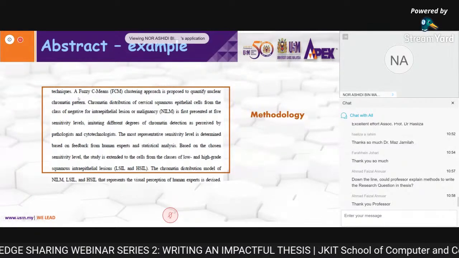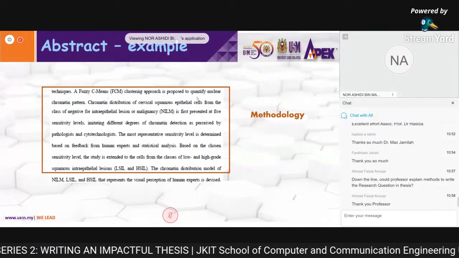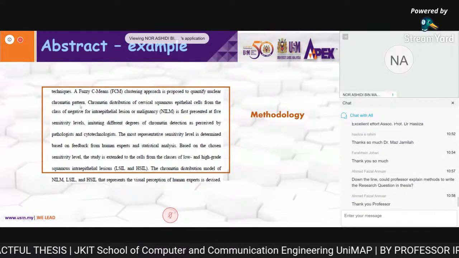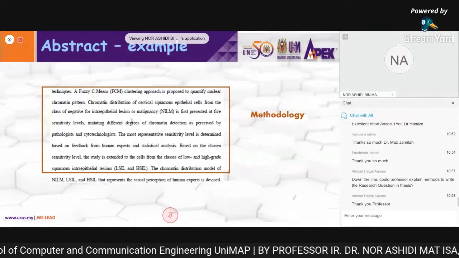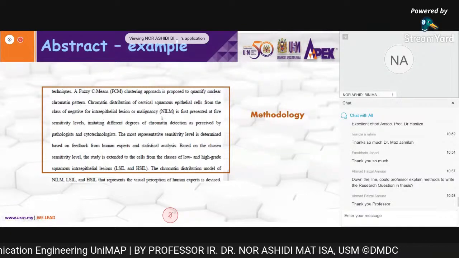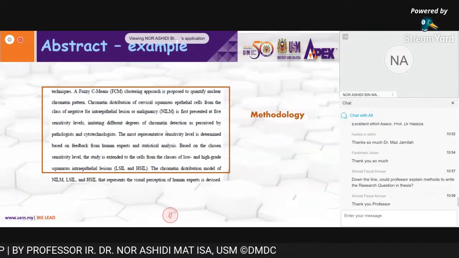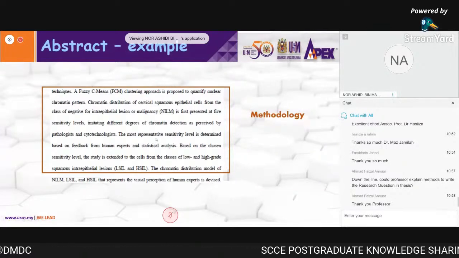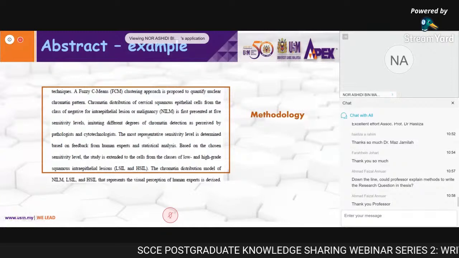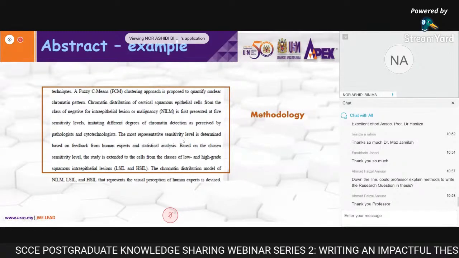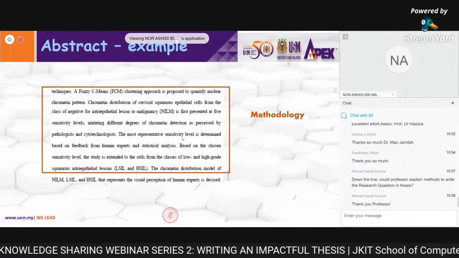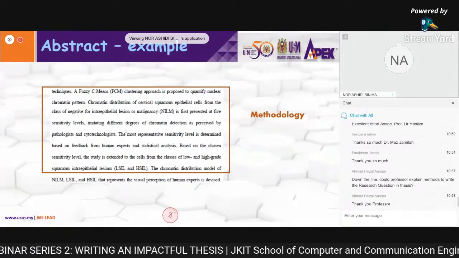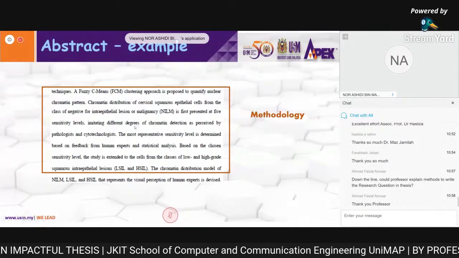Okay, so we will use a fuzzy CMIT to quantify the nuclear chromatin pattern. Okay, then how to do it? We start with the NILM. Then we try to show the representative. This is the technique you use. We try to use a sensitivity level in order to determine what we call the irregularity of our nucleus.